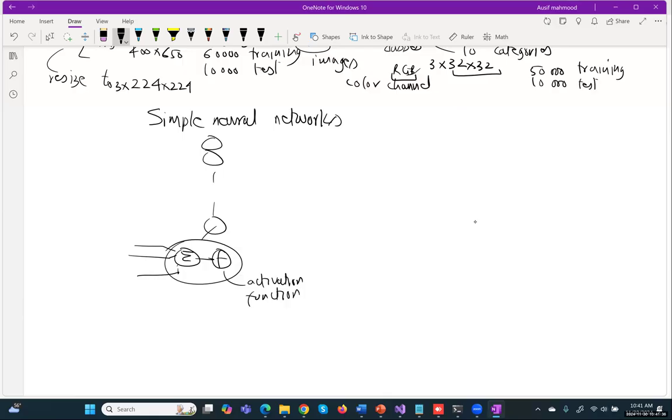Okay, and we create typically 2 columns or 2 layers. We refer to this as a linear layer. And typically 2 layers are enough. And why are 2 layers enough?